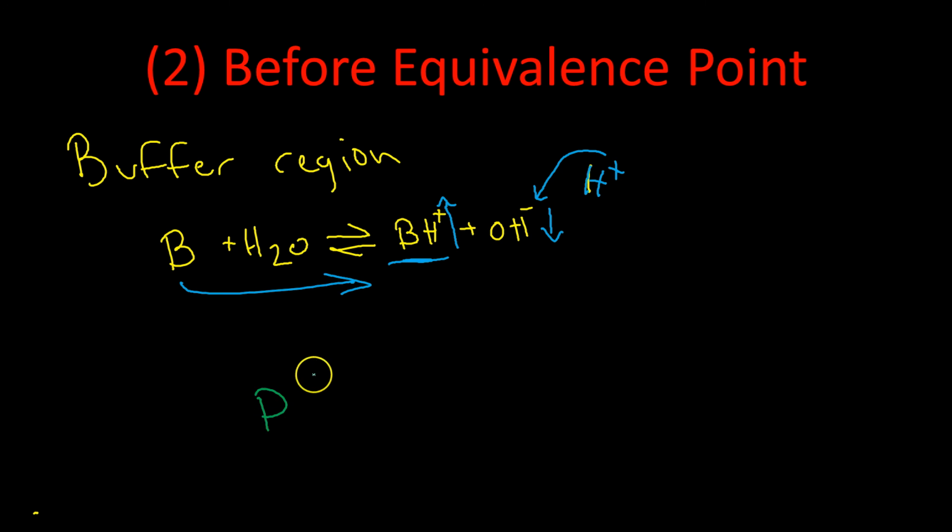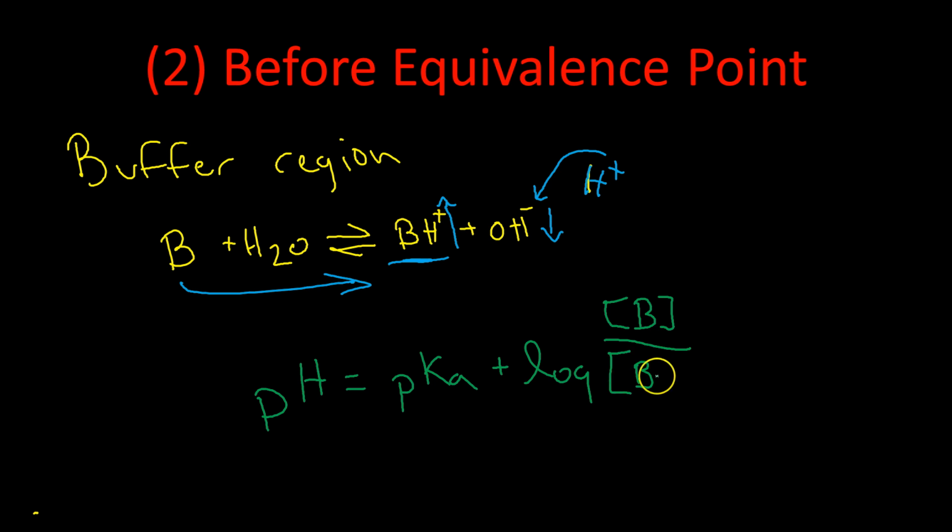If you have not seen it before, it looks like this: your pH in a buffer region is controlled by the pKa and the log of your basic form over your acidic form. In this case, this is going to be B over your protonated form.